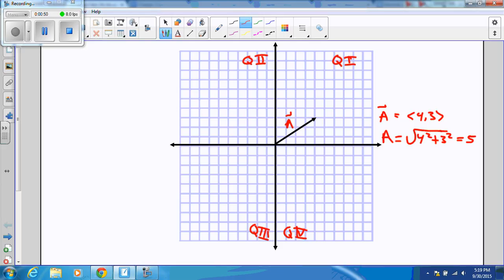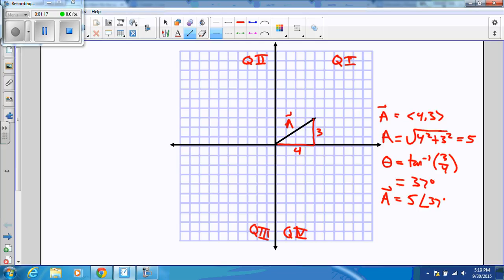And then I compute the angle, remembering that the angle is going to be the inverse tangent of y over x, the inverse tangent of 3 over 4. And that turns out to be 37 degrees. So that gives me my vector A is equal to 5 at an angle of 37 degrees, and there's no problem with that.